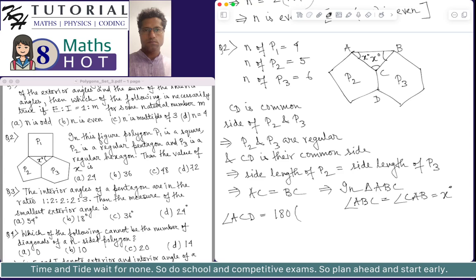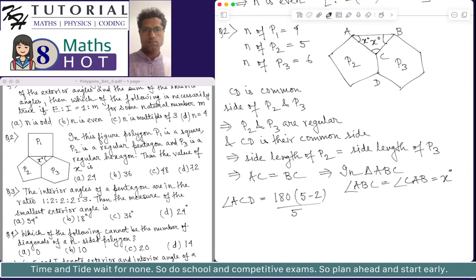So for P2, n is 5, so 180 times (5 minus 2) divided by 5. This is the measure of each interior angle of the regular polygon P2, where P2 is a regular pentagon. So this will be equal to 36 multiplied by 3, which is 108 degree. So we have this angle as 108 degree.